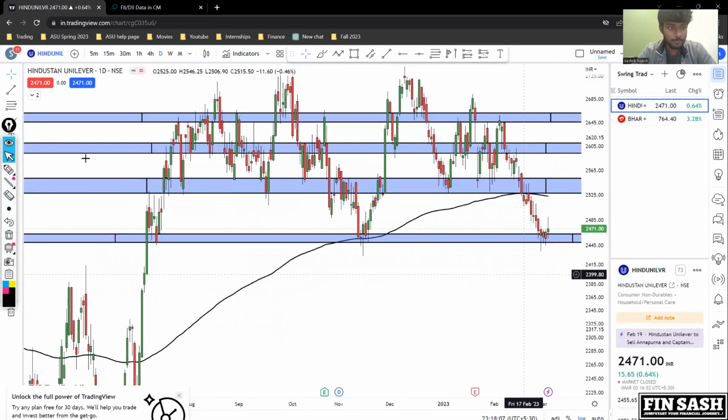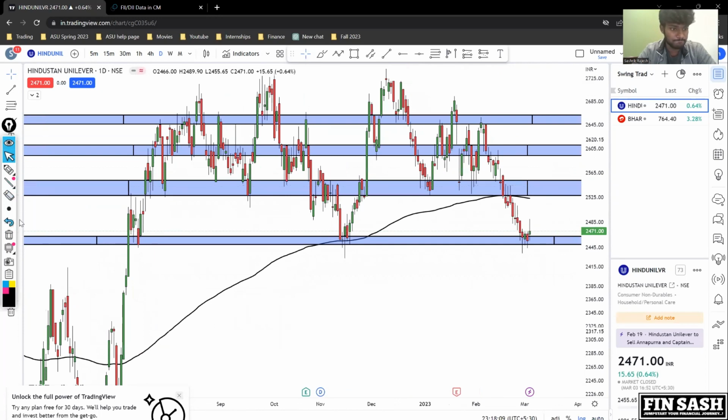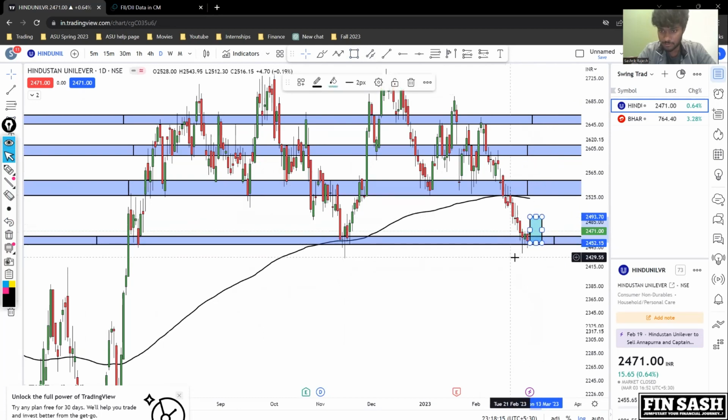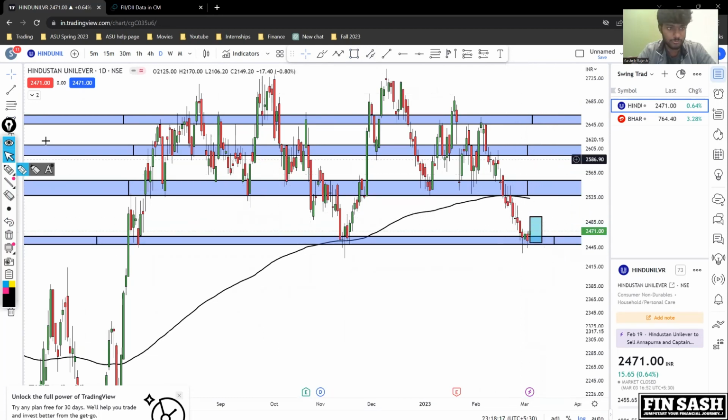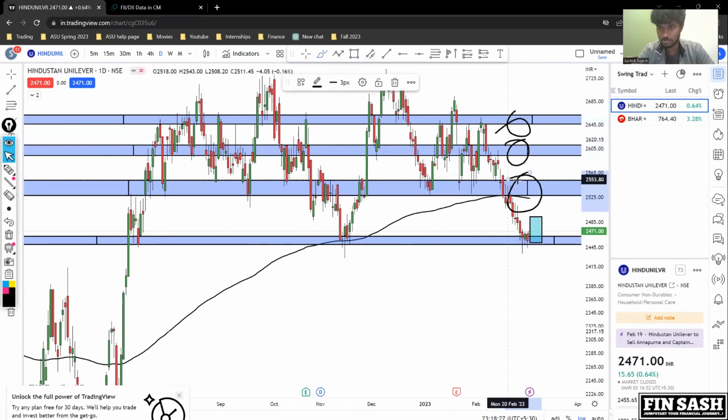So if it gives a proper red candle on the 1-day time frame, keep the stop loss below this level somewhere here, and this could be your first target, the 200 moving average on the daily time frame. This could be a second target, and this could be a third target. That's for Hindustan Unilever.